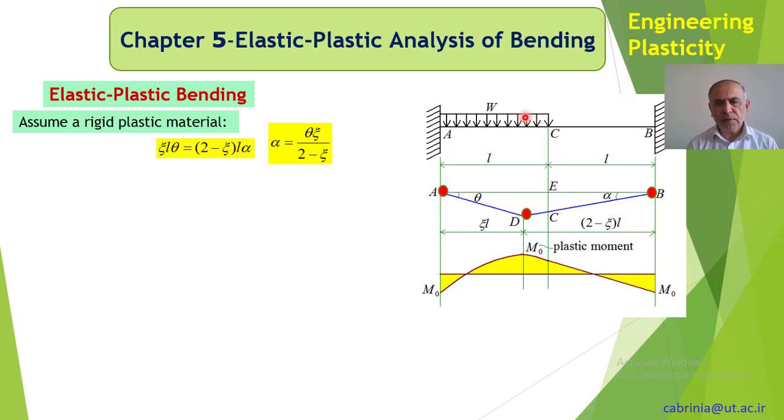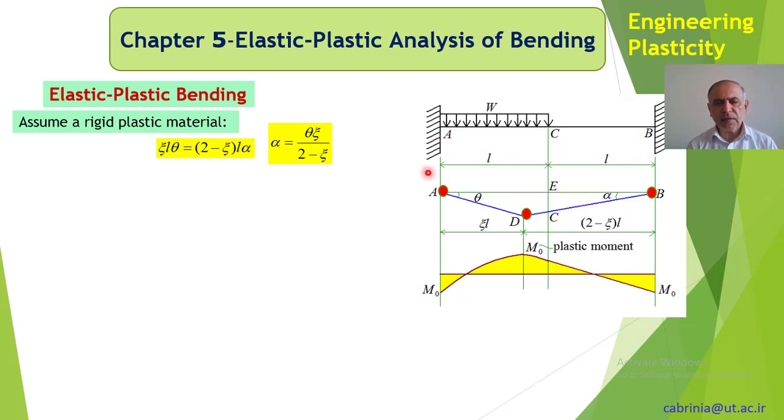Now here we have this distributed load, that's W. In this example, this W is not the load per unit length, it's the total load. So that's why we have shown it with capital W. Otherwise we would show it with a small w. So that's the beam.